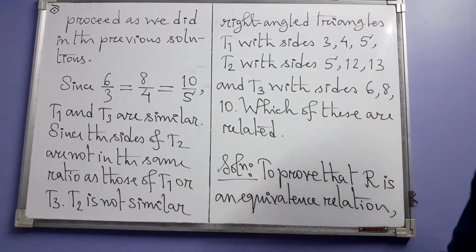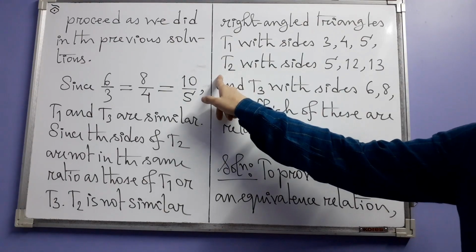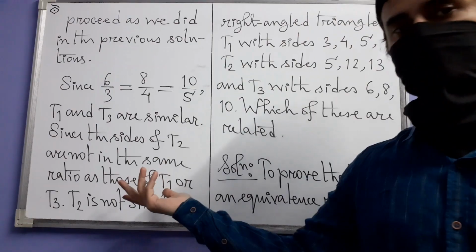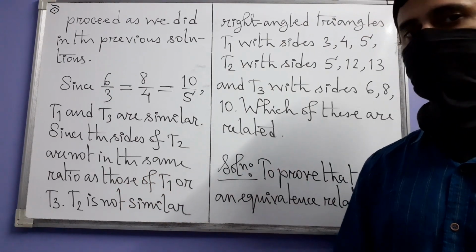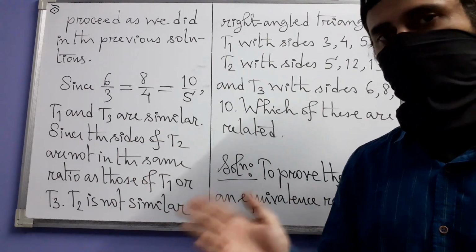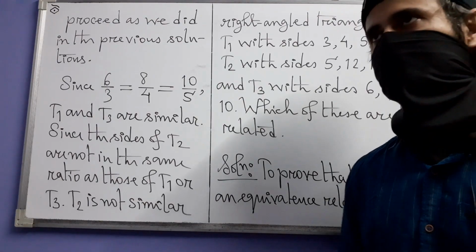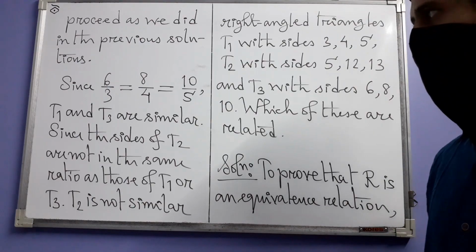But that is not the case with the side lengths of T2. The sides of T2 are not in the same ratio as the sides of T1 or T3. So, T2 is not similar to T1 or T3, and as such, T2 is not related to T1 and T3. Just like T1 and T3 are related, T2 is not. So, you write this final part and complete the solution.